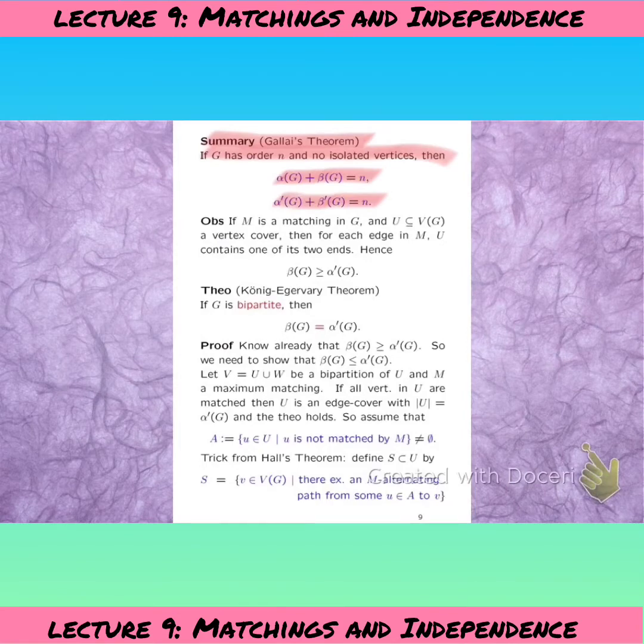Right, so we're going to now prove quite an interesting result for bipartite graphs. We're going to prove that the vertex covering number of a bipartite graph is always exactly equal to the matching number. Now, let's make the following observation.